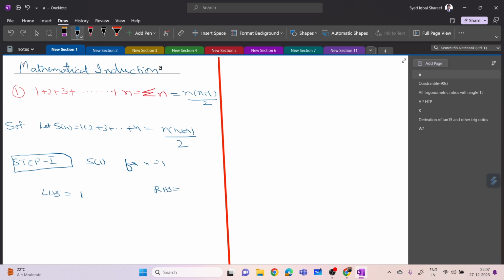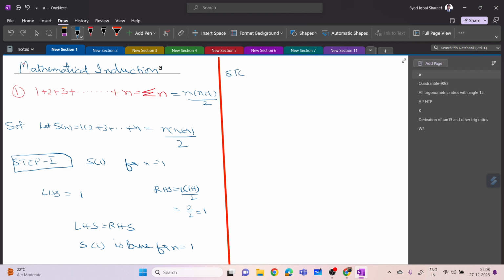Right hand side, n into n plus 1 by 2, 1 into 1 plus 1 by 2, 1 plus 1 is 2 by 2 is 1. So left hand side equal to right hand side. Therefore it is true for n equal to 1. Therefore S of 1 is true.